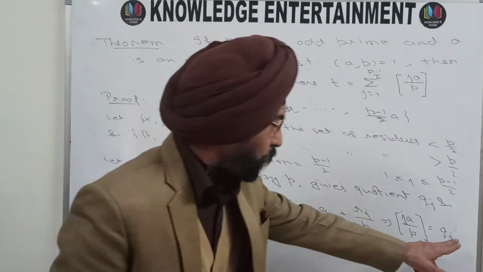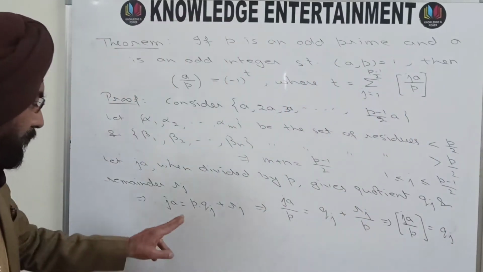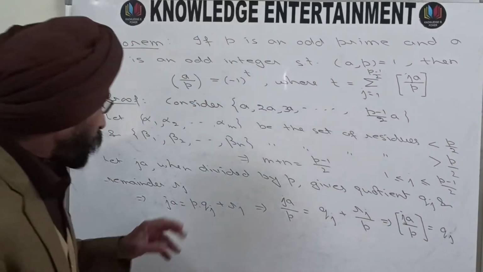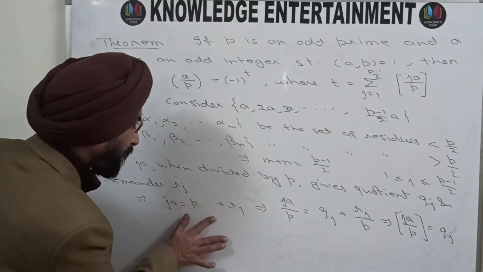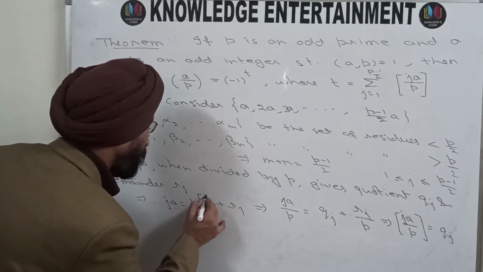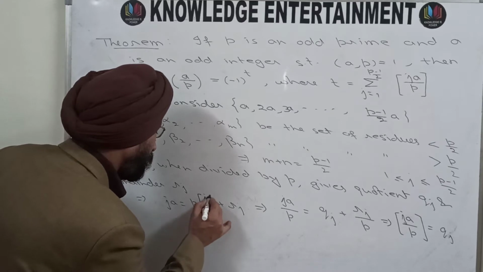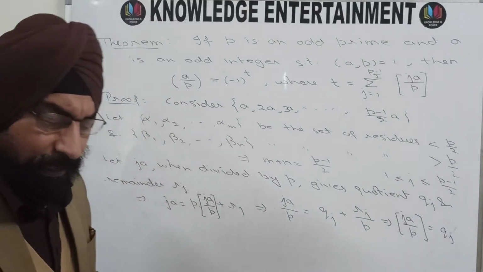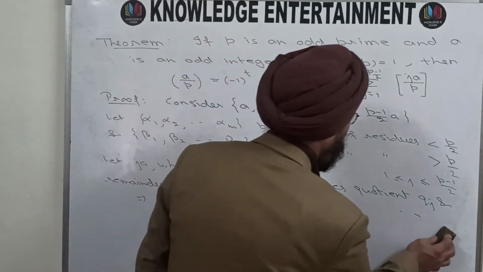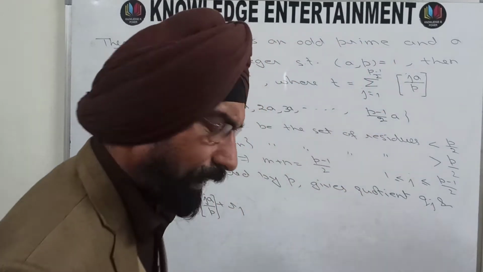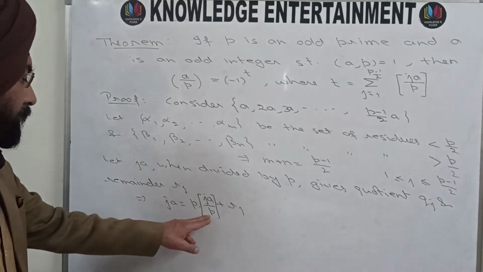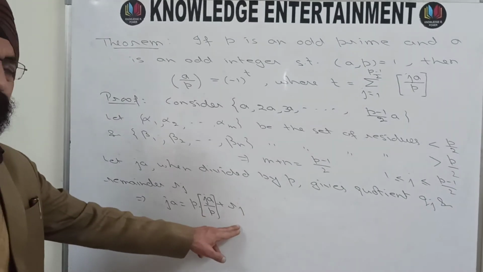And substitute this value of qj here. Instead of qj, you will get floor(ja/p). I am going to rub the portion which I don't need now. So you get this expression: ja is equal to p times floor(ja/p) plus rj.